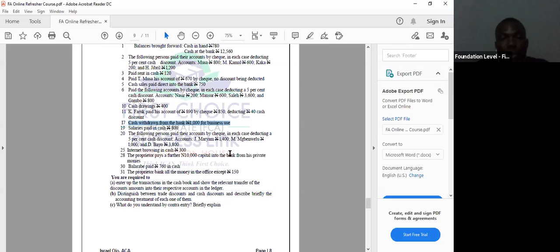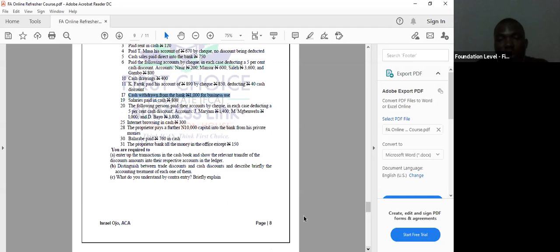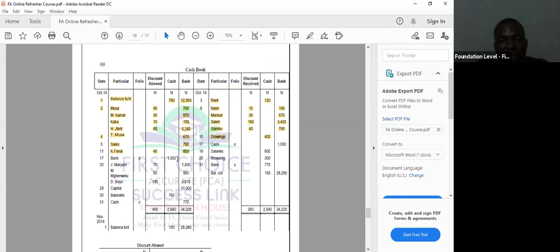Cash withdrawn from bank means that bank is the one giving, while cash is the one receiving. So on the debit side, the cash column will be 1,000, while on the credit side, the bank column will be 1,000. So we have this here, can you see, under the cash column we have the 1,000 because we are withdrawing cash. So cash increases. That's why the cash column will increase.